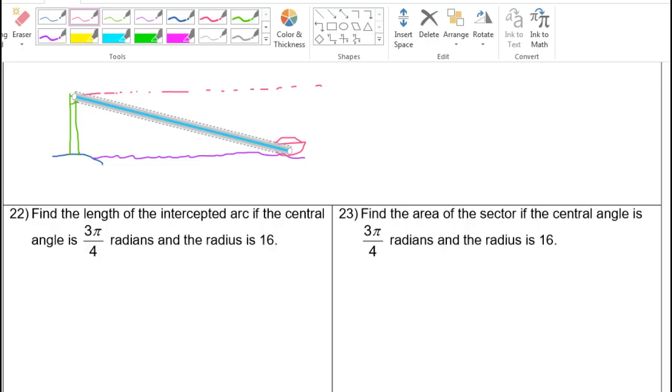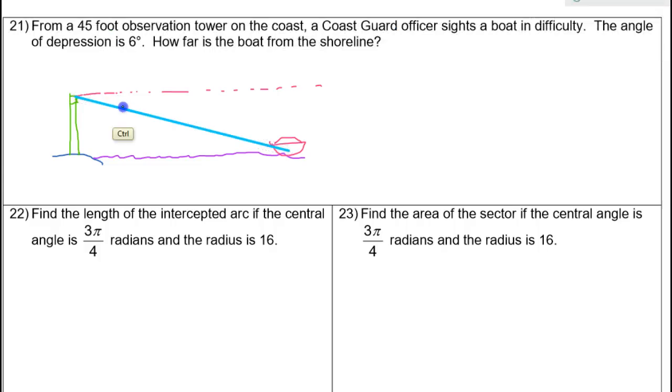Okay, so this is the angle of depression right here. Now, if I were looking from the perspective of the boat, this would be the angle of elevation. All right? Notice that the angle of depression and the angle of elevation are the same. These are alternate interior angles of parallel lines.